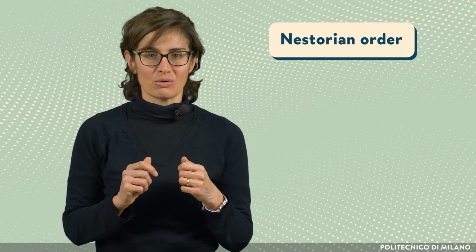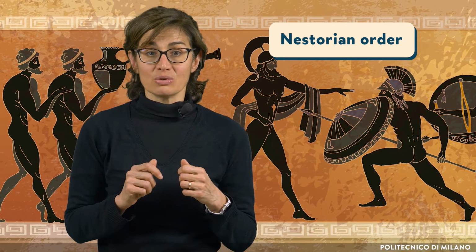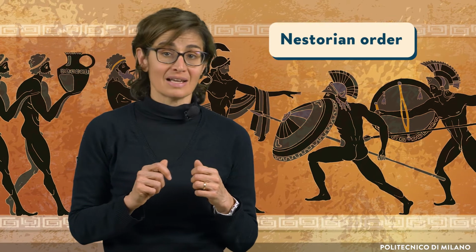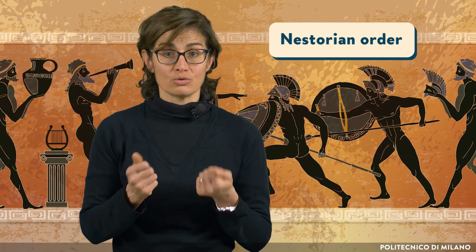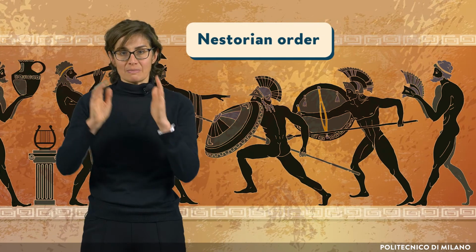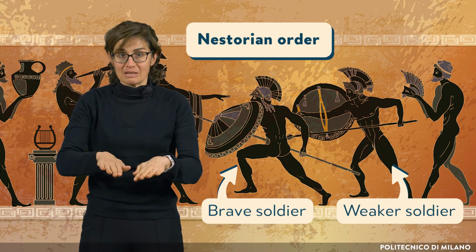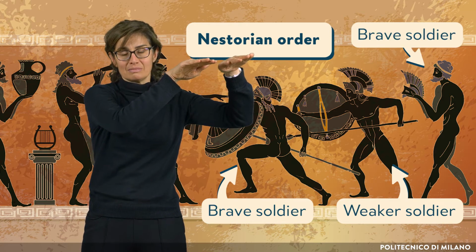One of the most popular, if we may say so, ways of arranging arguments is the so-called Nestorian Order. The Nestorian Order says that a good way of arranging arguments resembles the way in which Nestor, a character in Homer's Iliad, used to organize the troops. He would put brave soldiers in the front line, then weaker soldiers in the middle, and brave soldiers again in the rear.